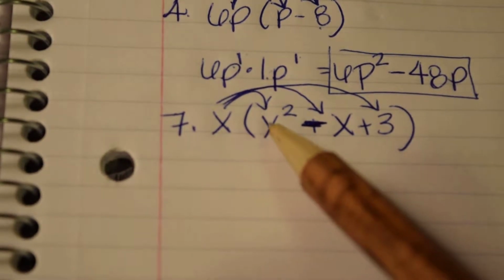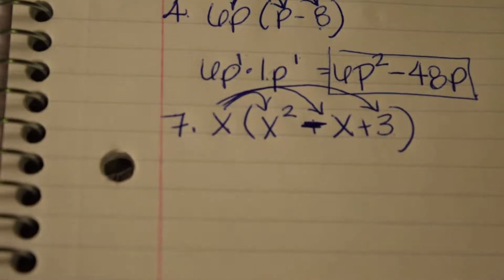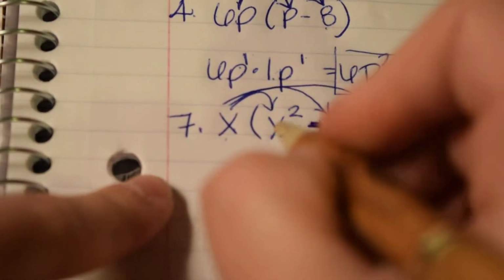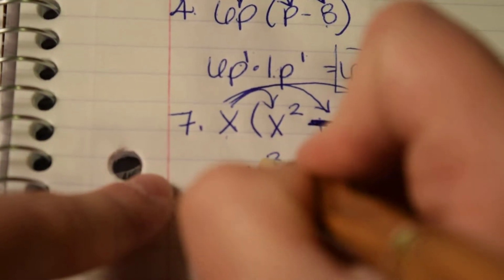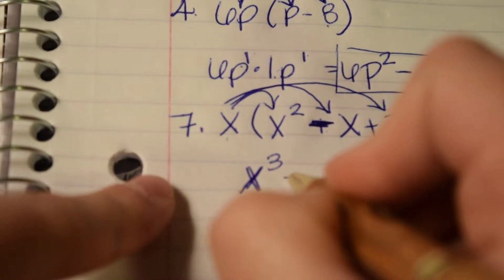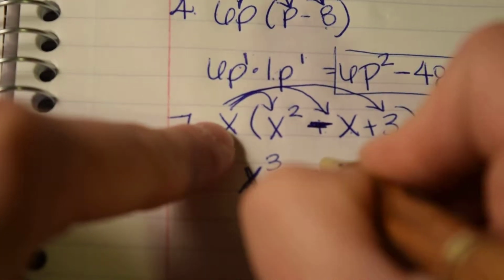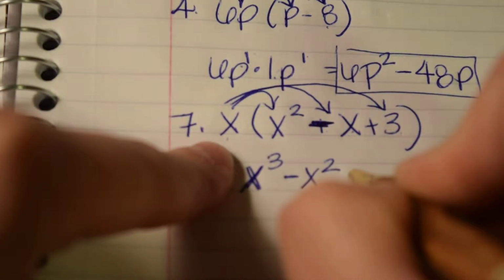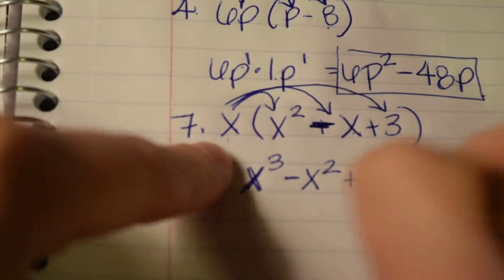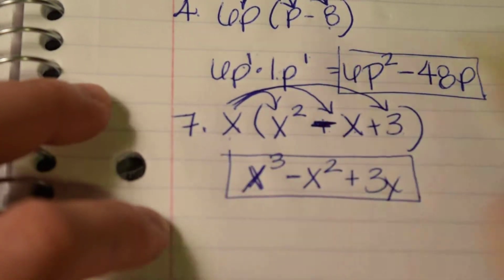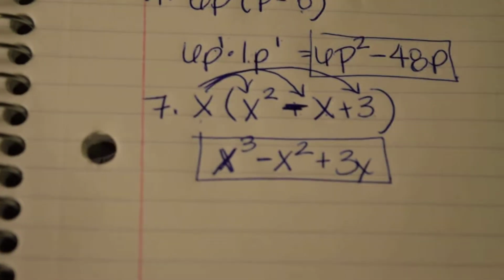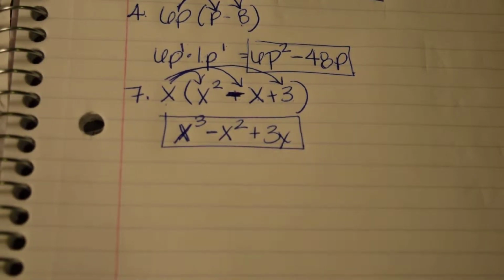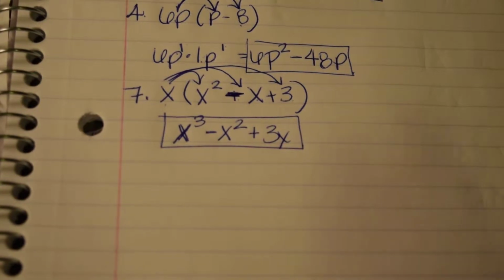I'm going to distribute them to every single term inside of the group. So x times x squared is going to give me x raised to the power of 3 minus x squared plus 3x. Okay, that's in alphabetical order, and it's in order from highest degree to lowest degree. So as you can see, the process is very simple.